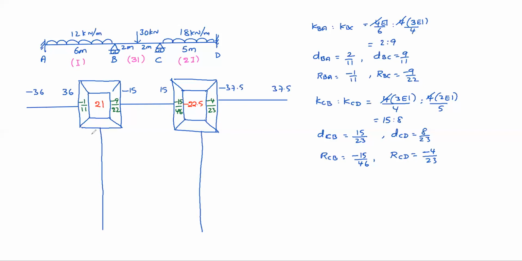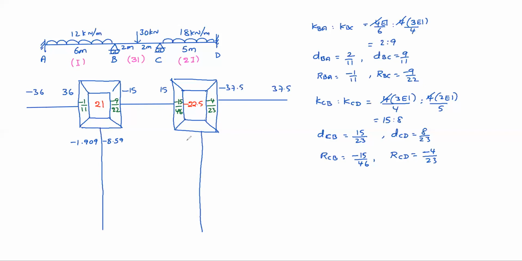How much here? Minus 1 by 11 into 21, minus 1.909. This side minus 8.59.